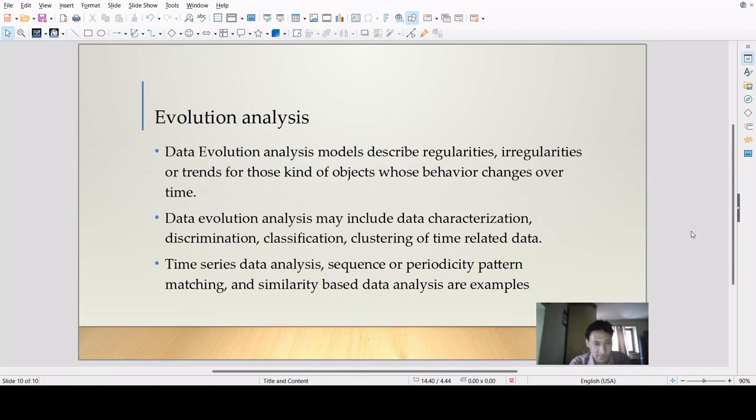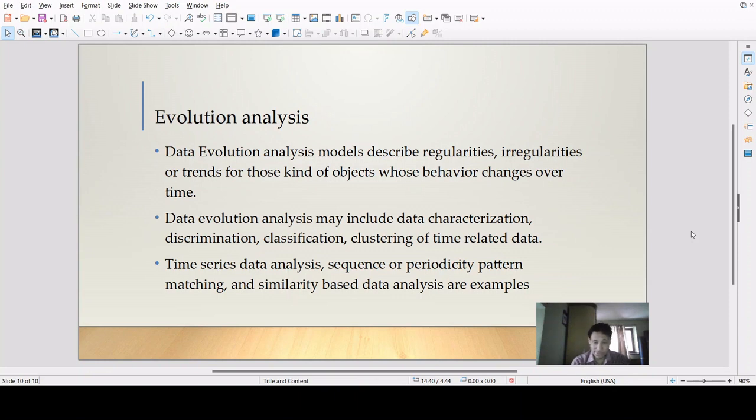Evolution analysis. Data evolves with time. Evolution analysis models describe irregularities or trends for those kinds of objects whose behavior changes over time. In the case of the department store, sales of some products may be very fluctuating.